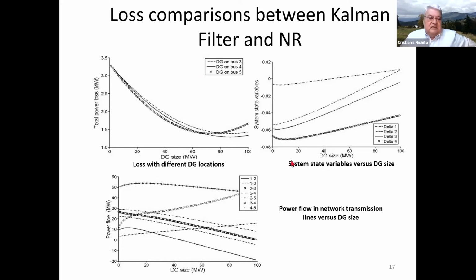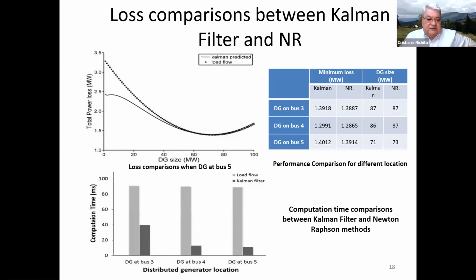This comparison between the Kalman filter and the Newton-Raphson method could be interesting for the performance comparison for different locations.